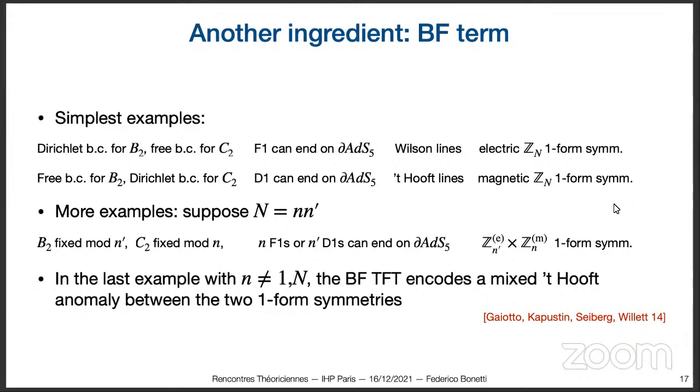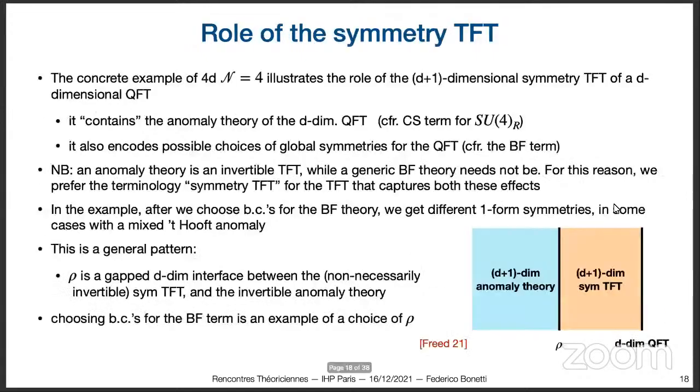Once the choice is made, sometimes, like in this example, there is a residual 't Hooft anomaly, and that's encoded in the very same topological coupling. In that sense, this example, to me, is quite paradigmatic of what the general picture about the symmetry TFTs is.